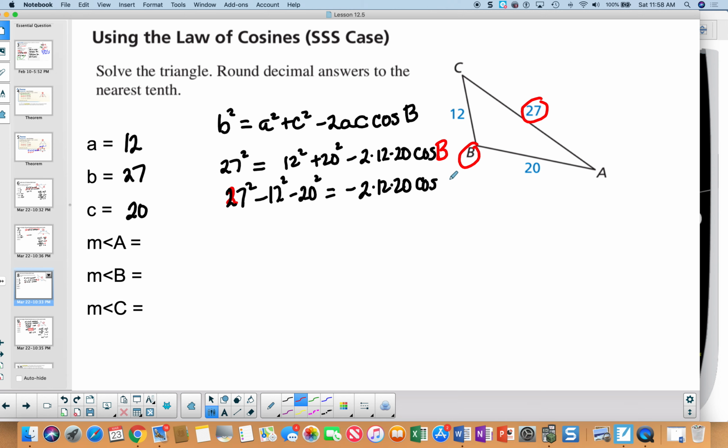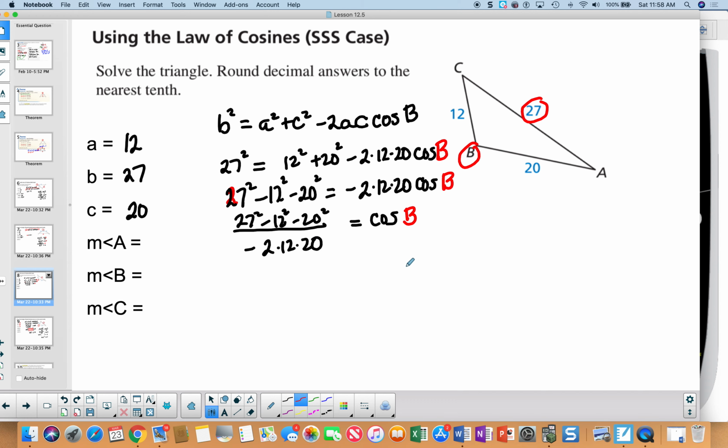Now to get b by itself, you really have to isolate cosine b first. And that means I'm going to have to divide. So in my numerator will be 27 squared minus 12 squared minus 20 squared, over minus 2 times 12 times 20.